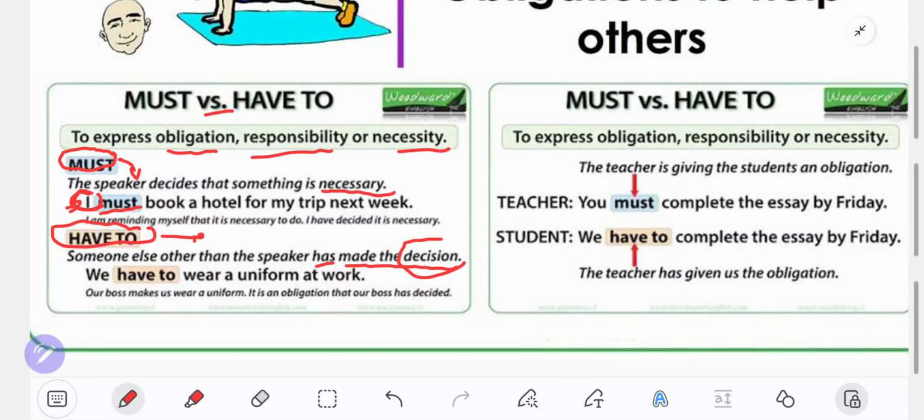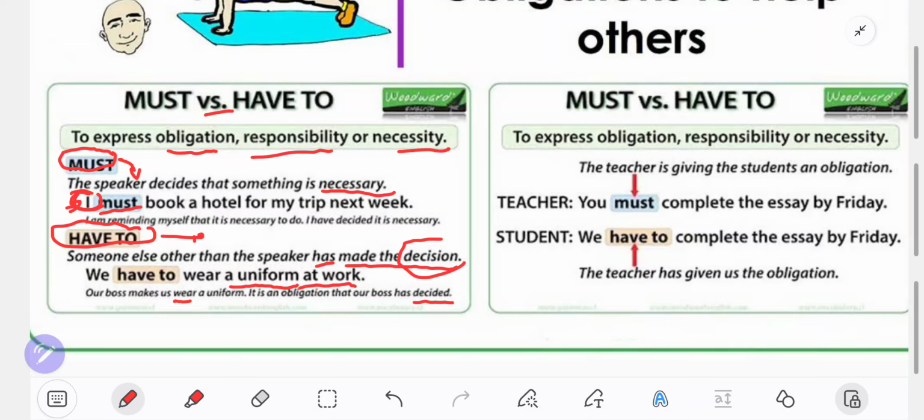For example, we have to wear a uniform at work. This is a regulation, for example from your school, so you have to use a uniform at work. This is the explanation about have to. Our boss makes us wear a uniform. It is an obligation that our boss has decided.